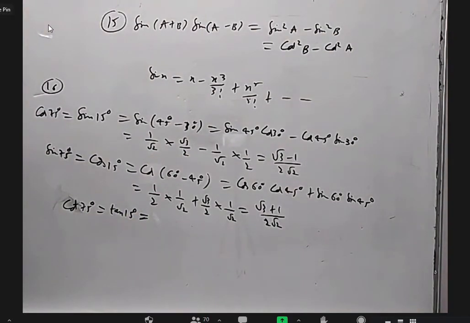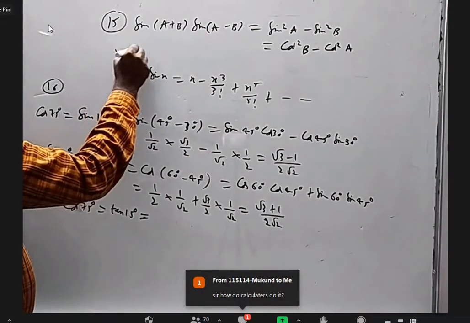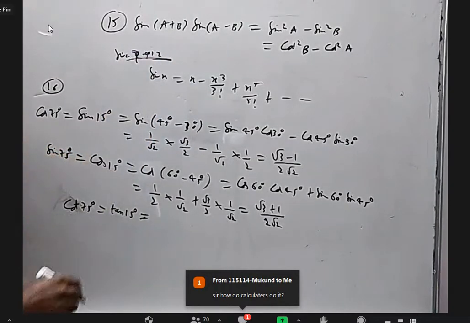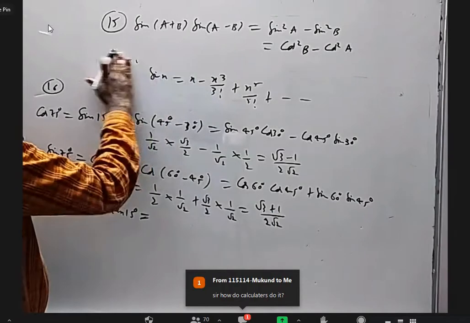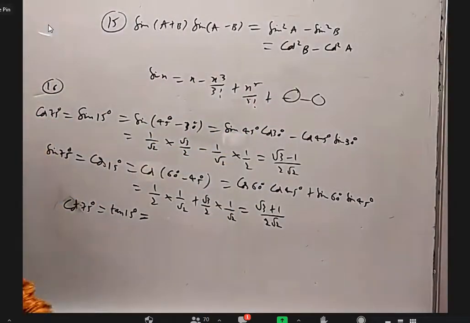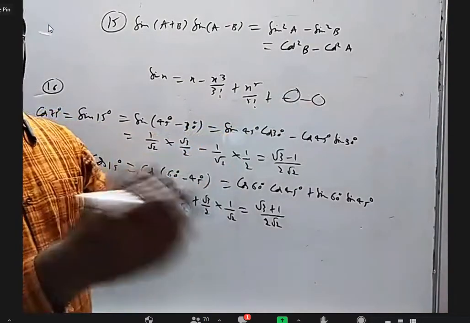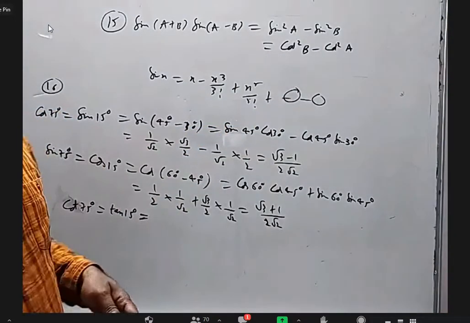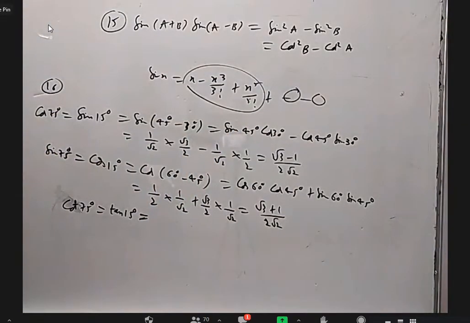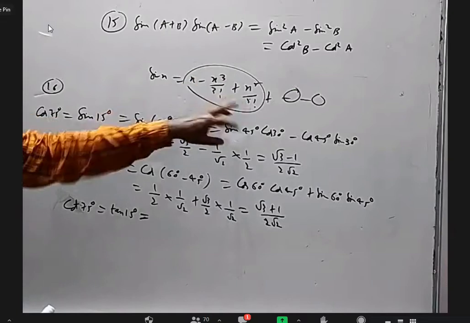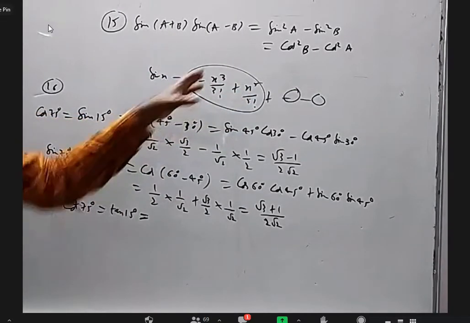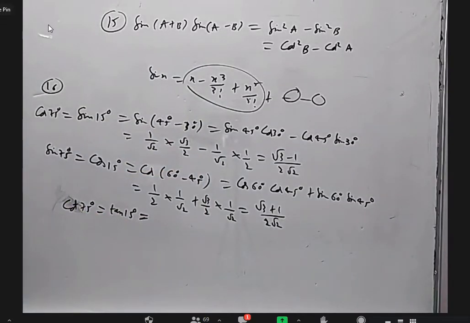When you talk about sin 0.0123 or something like that, and x is very small, sometimes we neglect higher terms because they will only give values beyond the third or fourth decimal. If you want up to 2 decimals, finding a value up to here will be sufficient. So there are some methods to find these values. Let's say you want to find 0.23 power 5. There are some methods used, and they already made tables from that.